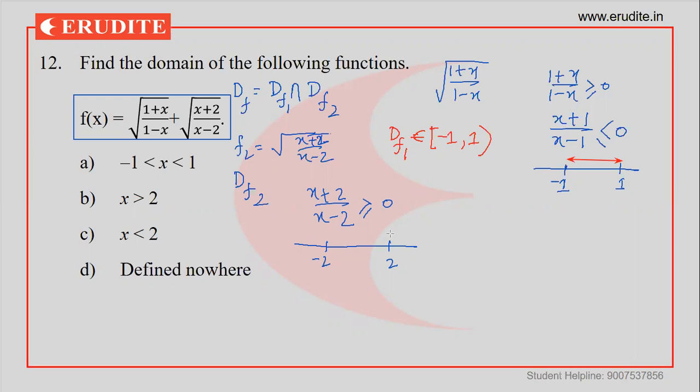So the range should be from plus 2 onward, and from minus 2 onward in the other direction. As it is greater than or equal to 0, but with plus 2 excluded and minus 2 included, x belongs to (2, infinity), 2 excluded and infinity excluded, union (minus infinity, minus 2], minus 2 included and minus infinity excluded.